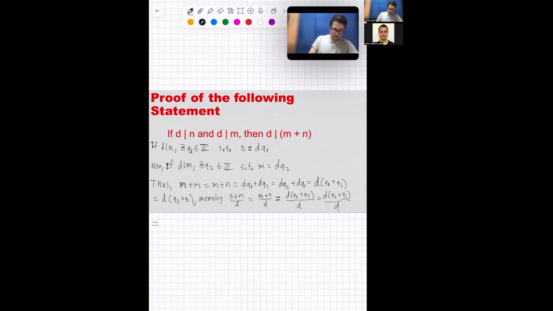Which is going to be equal to q1 plus q2, which is equal to q2 plus q1. Why? Because we can cancel out the d's.